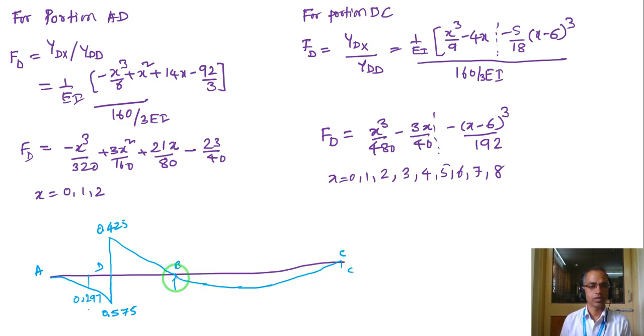At this point the support is there, 0 deflection. At this point the support is there, 0 deflection. And at different intervals of 1 meter, 2 meter, 3 meter, 4 meter, I can find out the ordinate. So this is the ILD for shear at D. Thank you.